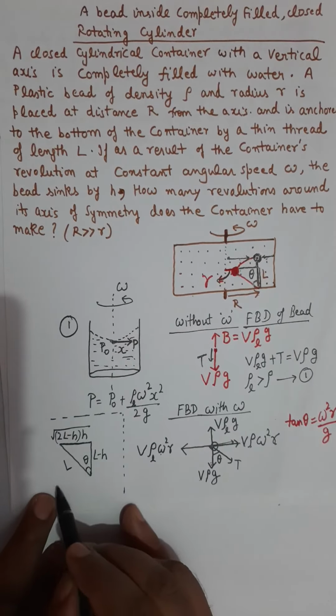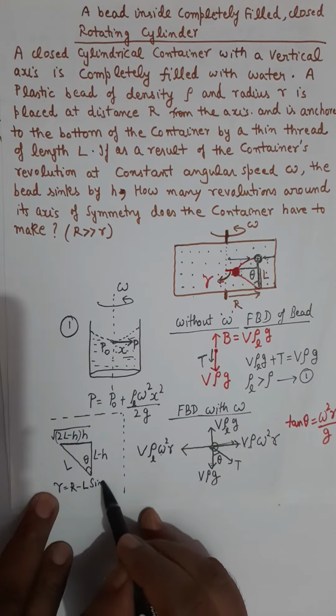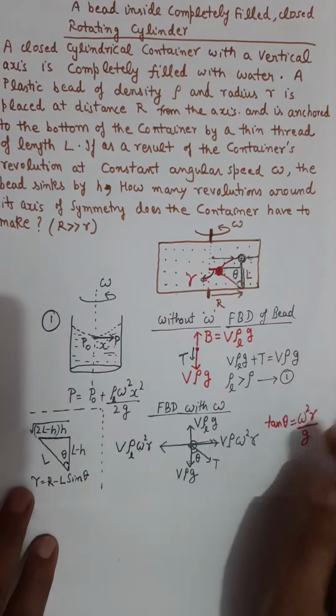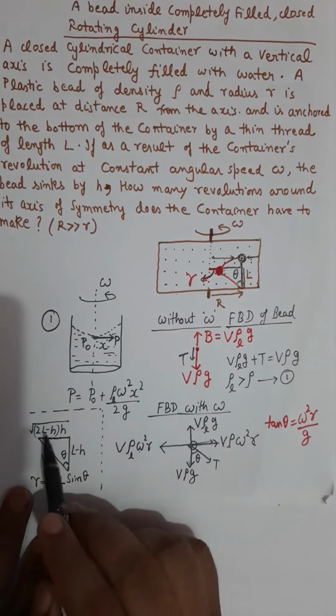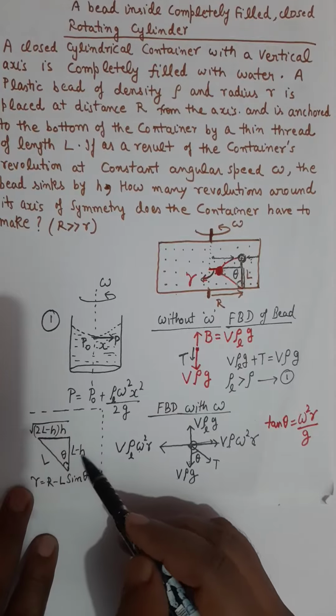So I can write small r equals capital R minus L sin theta, and you can get sin theta from this triangle, and tan theta from this triangle will be written as square root of 2L minus h into h over L minus h.